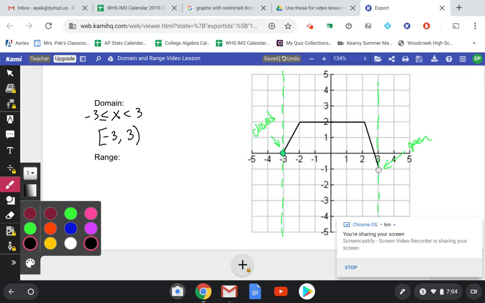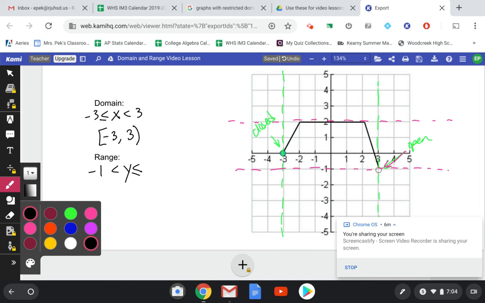to show that the positive 3 is not included. And for our range, we want to know how low does it go. Remember, this point here, which is our lowest point on the graph, is open. And then how high is it going to go? So for our range, the lowest value is going to be y equals negative 1, and notice that is an open circle, so I'm not going to include negative 1.